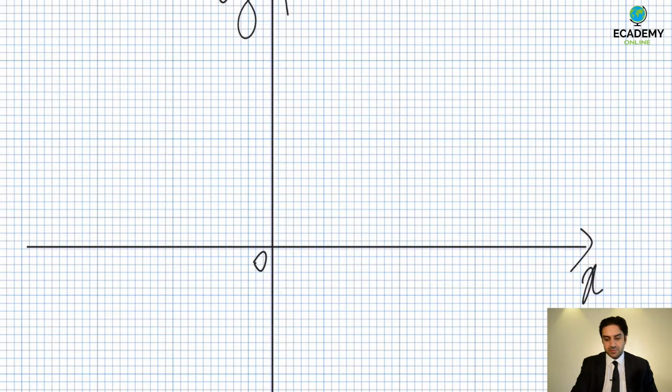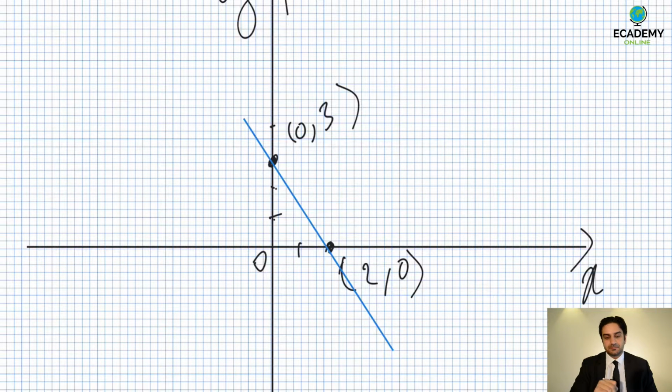Basically, I'm just going to go by squares. 0, 3 would be 1, 2, 3 right here. This is my point 0, 3. 2, 0 would be 1, 2. This is my 2, 0. And I simply connect the two dots by a line.